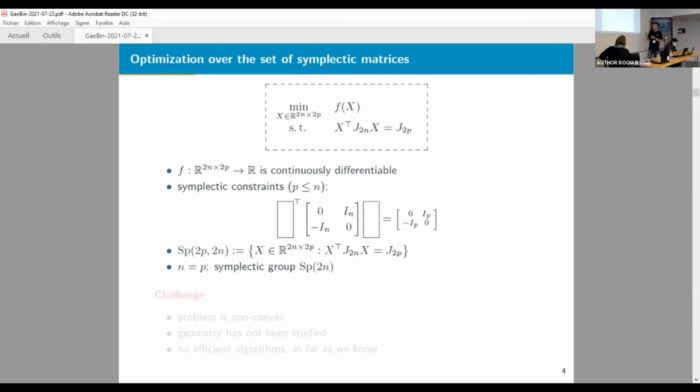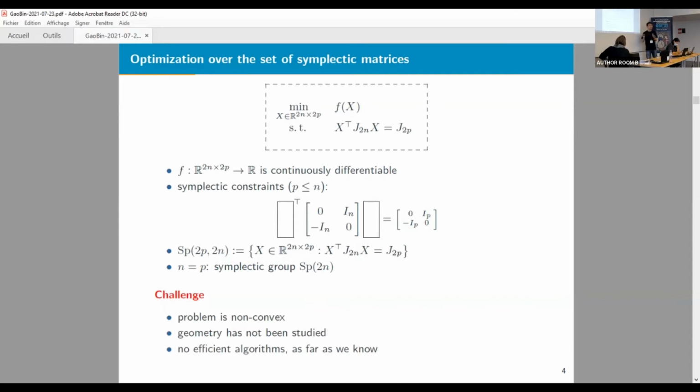There is one very special case. When your row number equals your column number, then you have the classic symplectic group, Sp. So why do we consider this problem? First, this optimization problem is non-convex. In optimization, non-convex usually means difficulty.